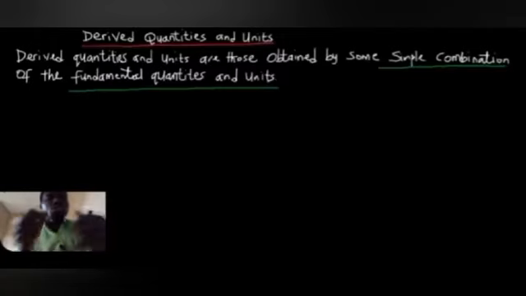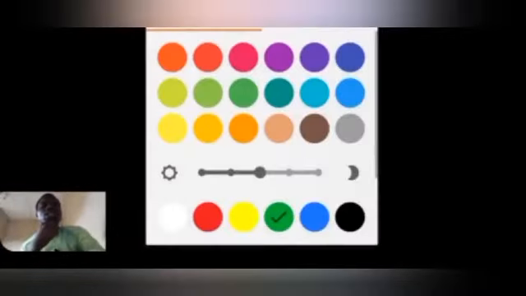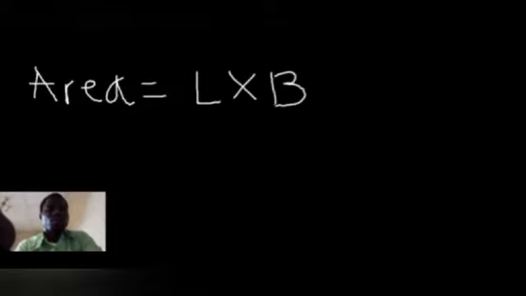So how do we do this? Let's go. The first quantity I want to look at is area. We know that the area of a four-sided shape is length times breadth, and length is measured in meter.